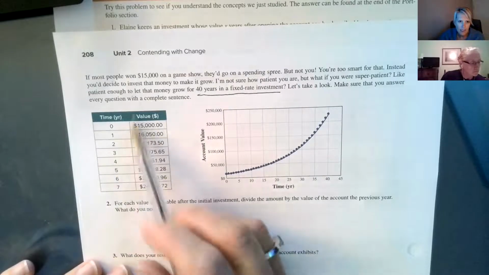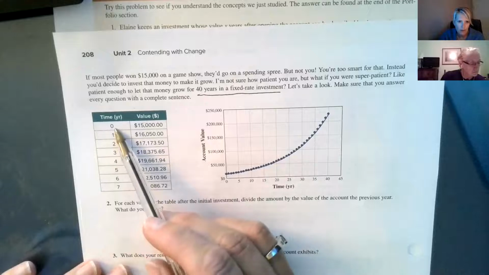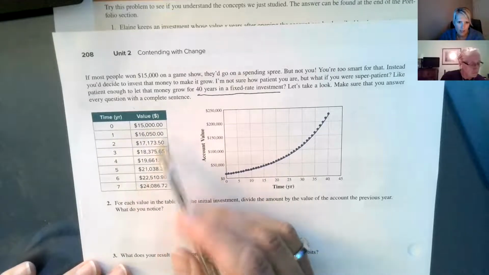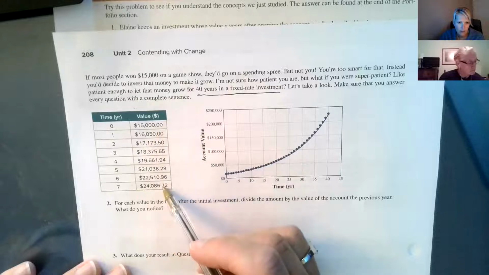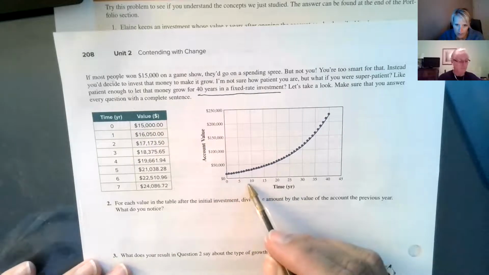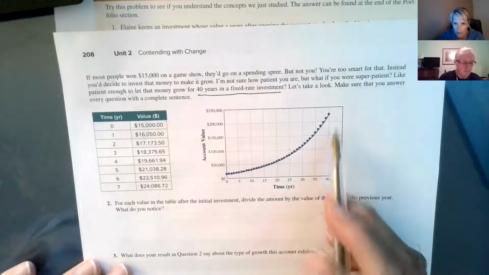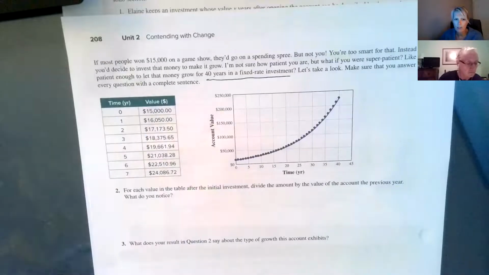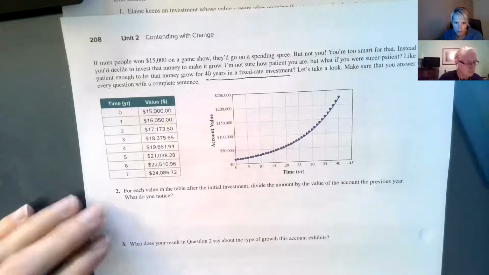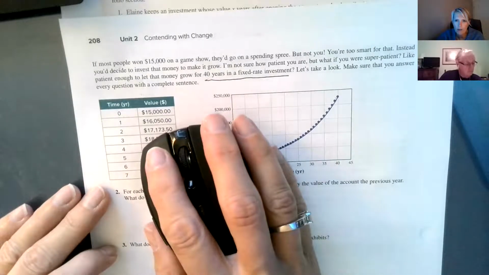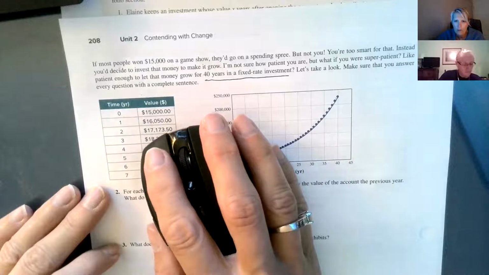They gave us data in a table from year 0 when we won the 15,000 all the way through year 7, and the value in the account. And then the graph, they went way beyond the 7 years, all the way through the 40 on the graph. Using some of the strategies that we've already learned in Desmos, you should be able to answer questions 2 and 3, figuring out what type of growth it is and what you're multiplying by.